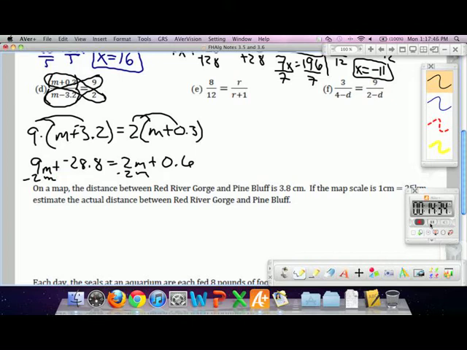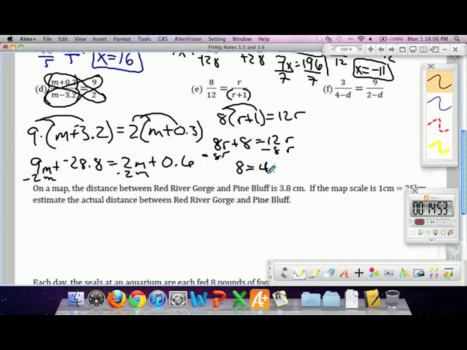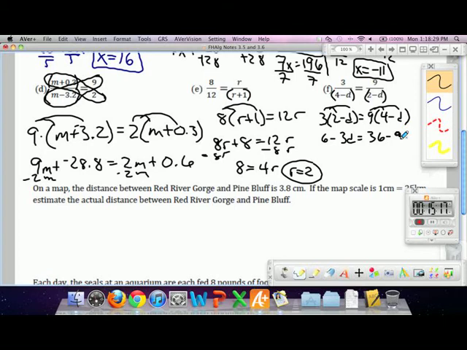So sorry, that's what it looks like, a two. R is 2. So we got R is 2 and D is 5.